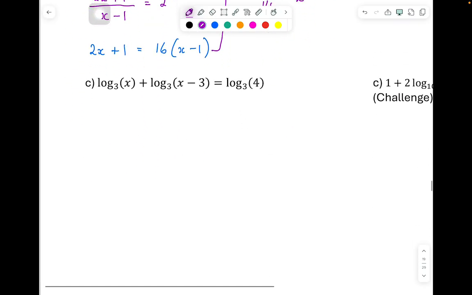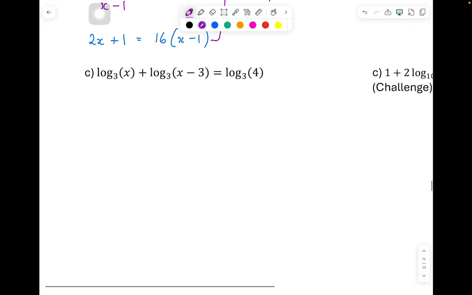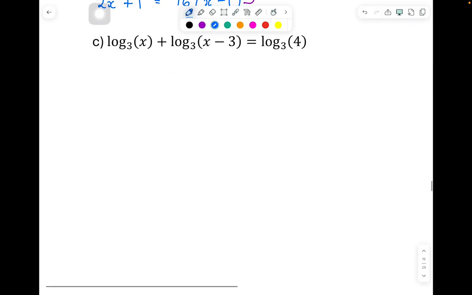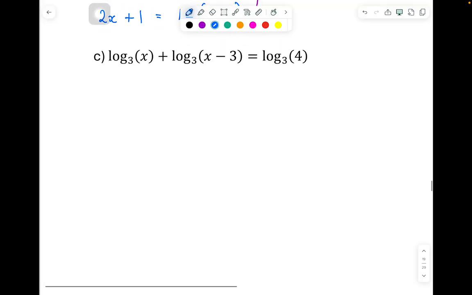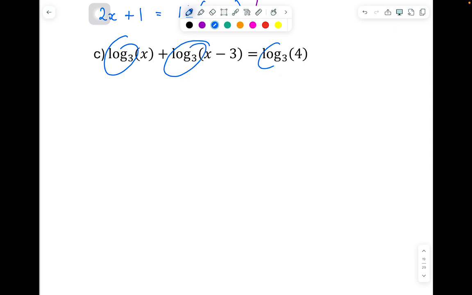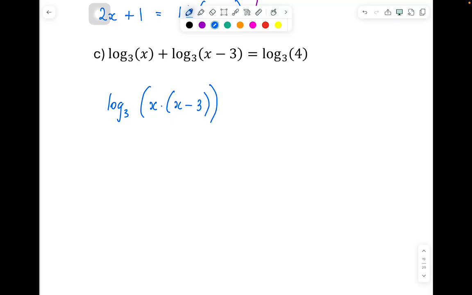Example number 3 here, or part C. You can see that we've got log base 3 for all of them. It's pretty convenient on both sides of the equal sign. So on the left-hand side, what I'll do is merge the logs, and since we're adding logs, we will multiply whatever's inside the brackets.